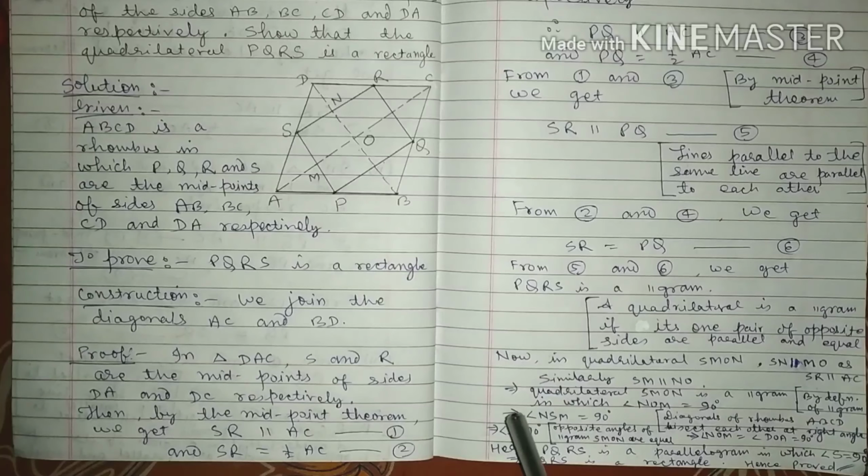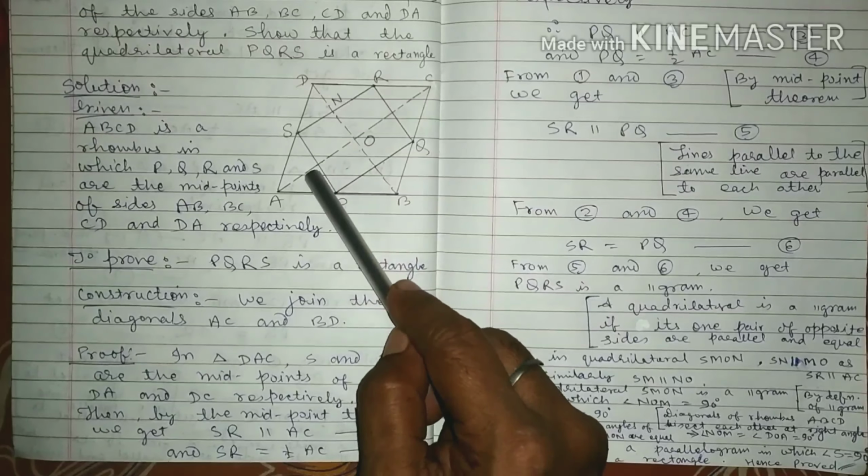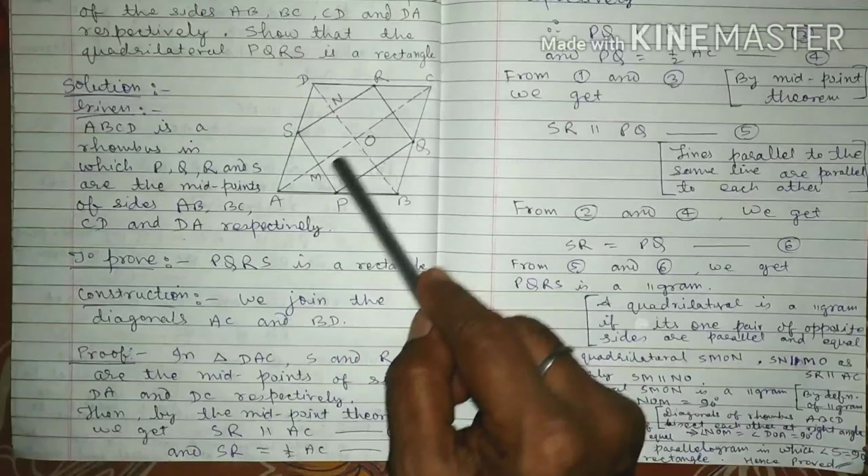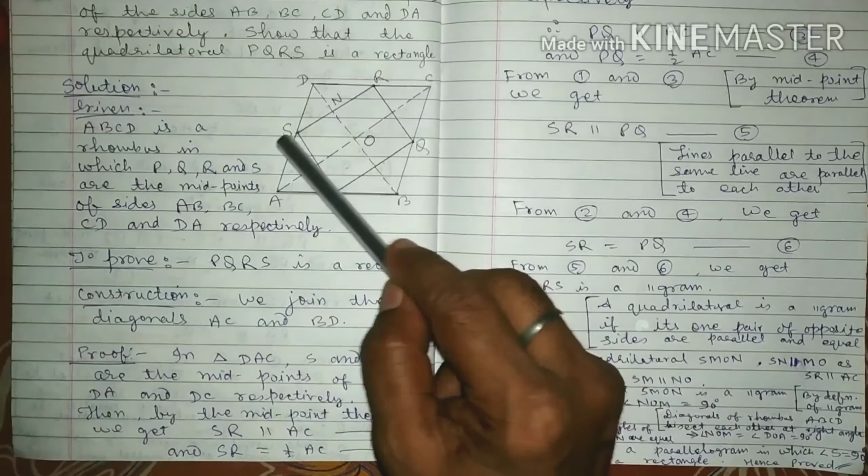Now, in quadrilateral SNOM, SN parallel to MO. Why? Because SR parallel to AC, already proved above.